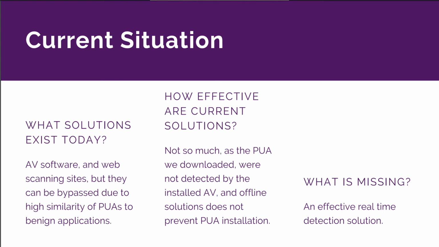So what is missing? We think what is missing is an effective real-time detecting solution which will prevent the PUA installation without any additional extra effort from the end user.